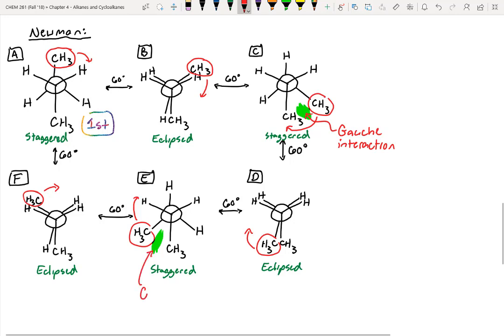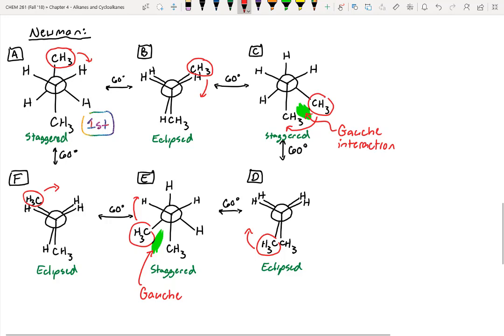And then this one's also a gauche interaction. All right? And in general, the larger those groups are, the closer they get to one another, the more destabilizing it is. We'll take a look at some more complicated examples later, but gauche interactions are destabilizing. Those big groups don't like being near one another in space.